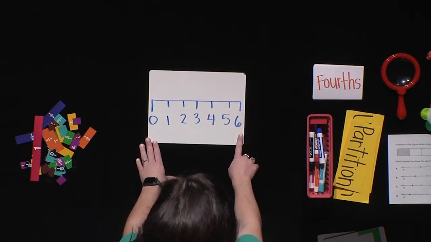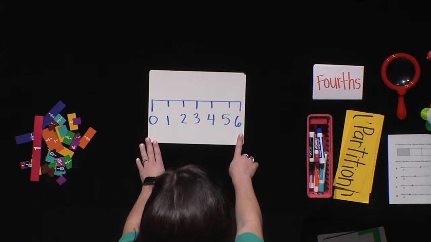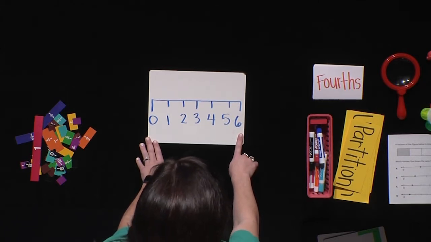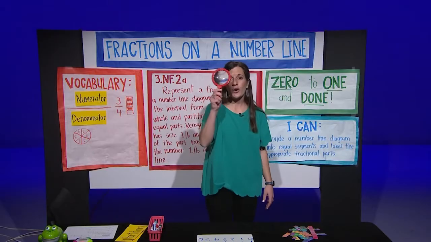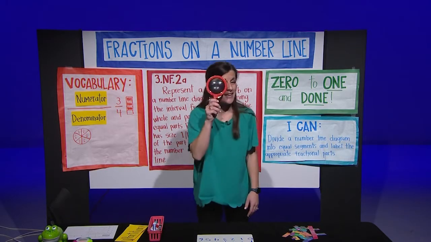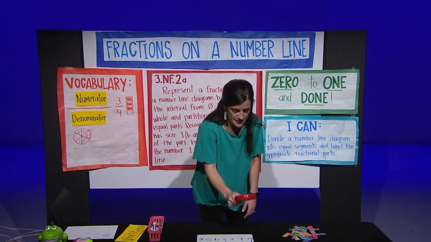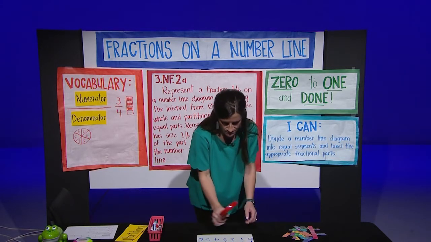These are all whole numbers, and this is what a number line is. But let's grab our magnifying glass, and we're going to zoom in to just 0 and 1.